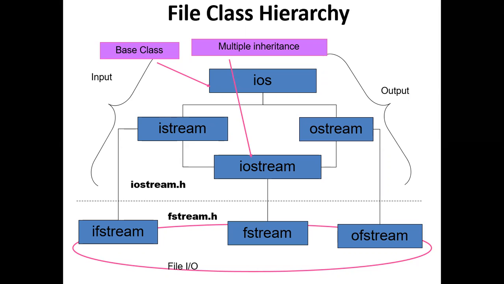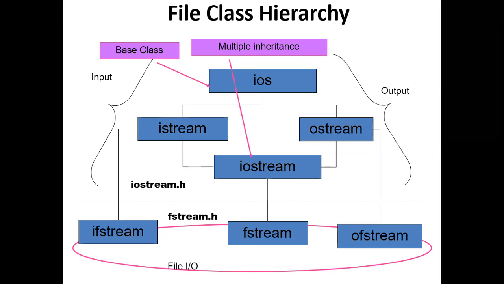Here we can see multiple inheritance, meaning the iostream class is inherited from the istream and ostream, two parent classes. All the console input output functions are present in this class. That's why we include the header file iostream.h, and cin and cout are both objects of this class.